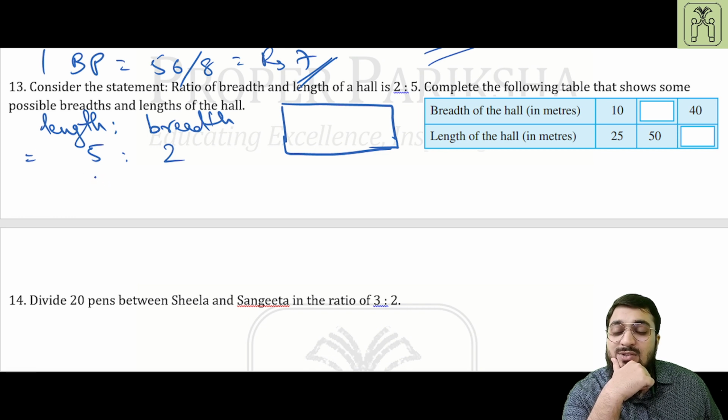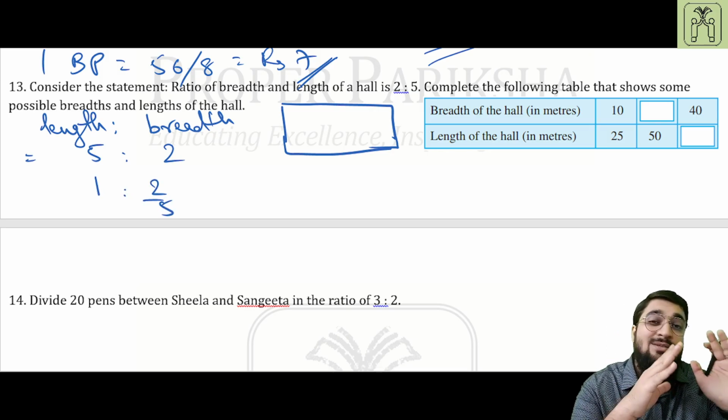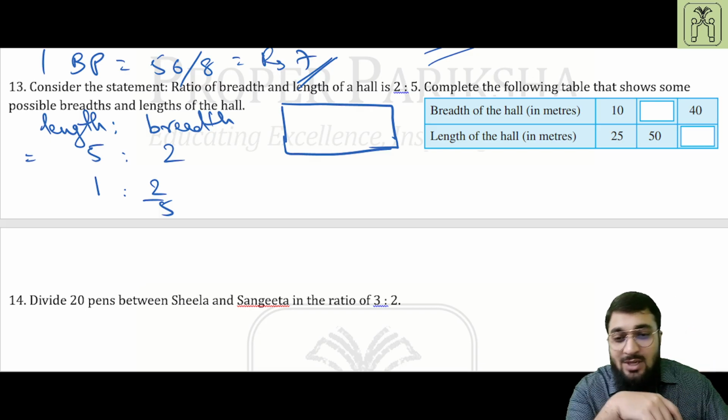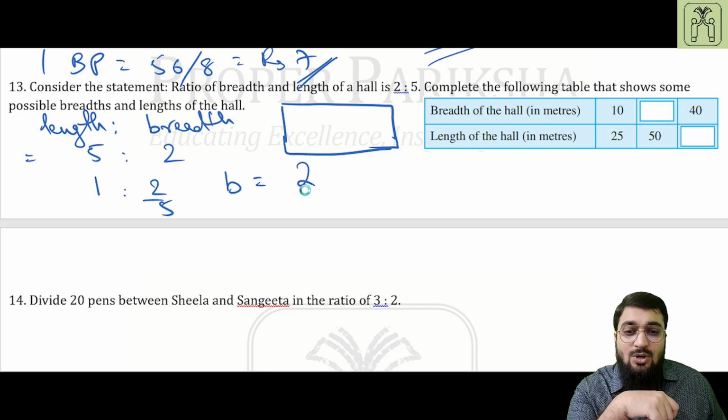If you convert this ratio as 1 is to 2 is to 5, then that means that the breadth is 2 upon 5 times that of the length. That will mean that the breadth is equal to 2 upon 5 times that of the length.